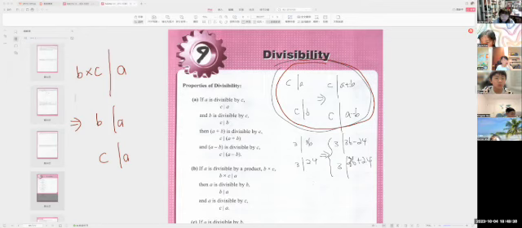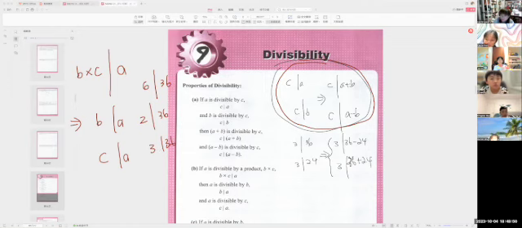Okay, give me an example. So for instance, 6. 36 is divisible by 6, right? And 36 is divisible by 2, and 36 is divisible by 3. Get it, Chapter? Get it, Daniel?